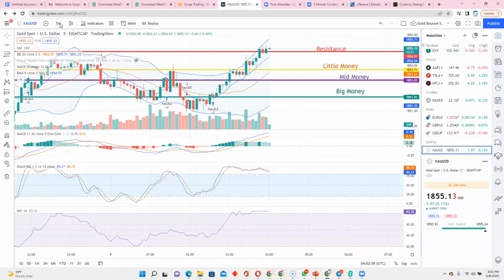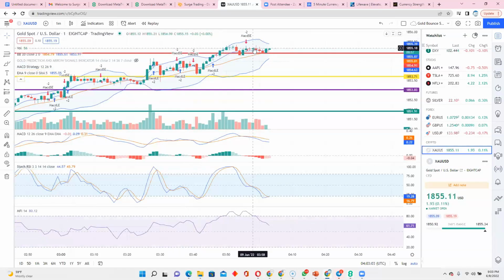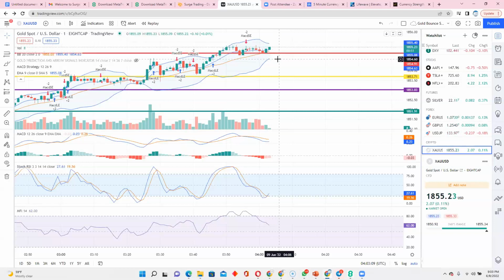Let's see what it looks like at the 1 minute mark. It's very, very consolidated on the 1 minute. And you see these Bollinger Bands are actually trying to tighten up on it. It got very consolidated these last about 15 minutes.